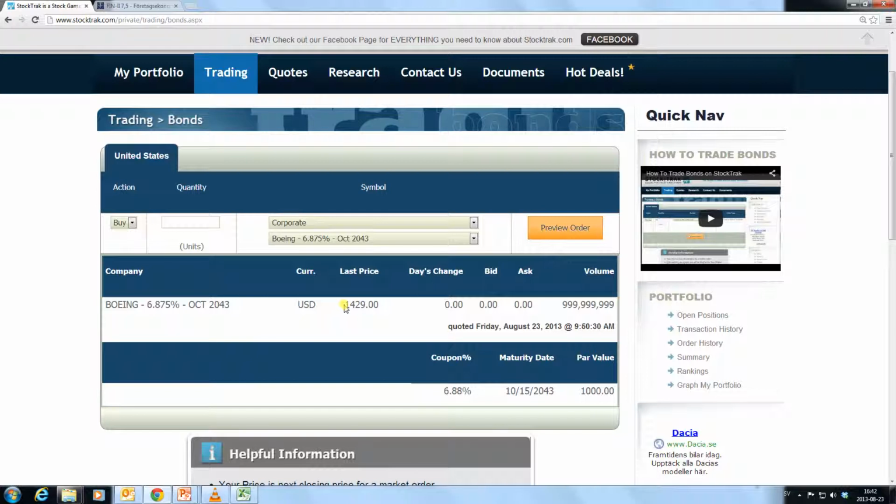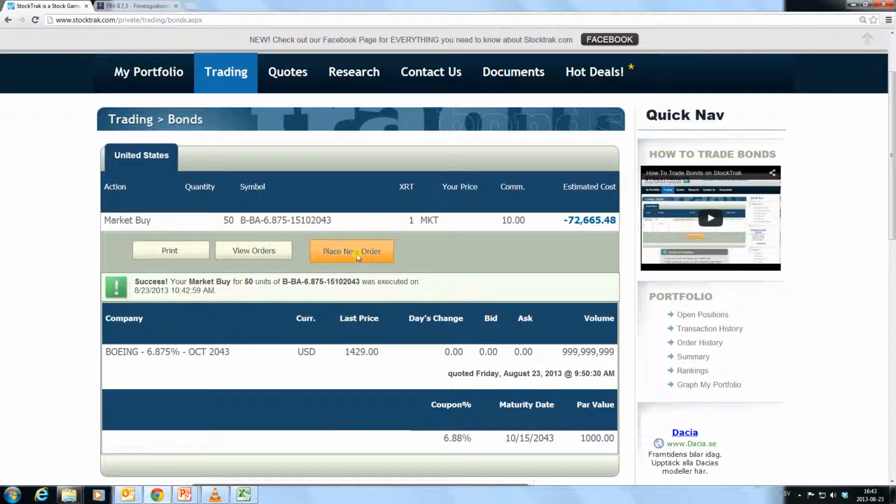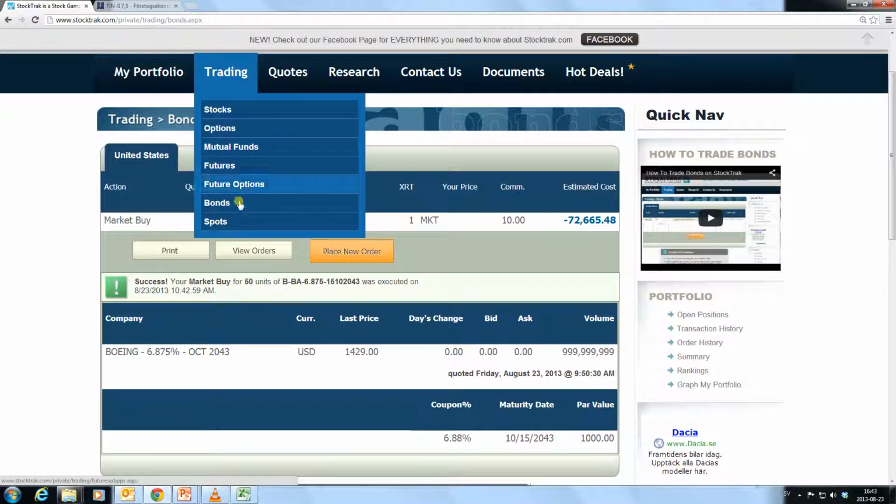The price is $1,429, so 50 sounds like quite a good amount to buy. If I look at the order here, I can see that this would cost me approximately $72,665. Okay, that sounds okay. So I place the order. Alright, and now I have purchased a corporate bond.